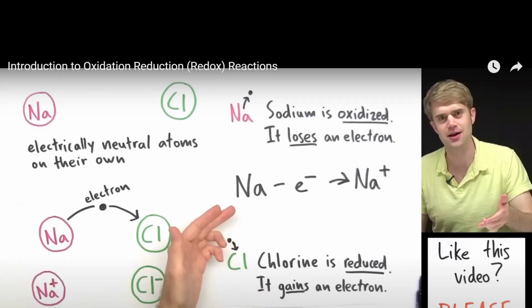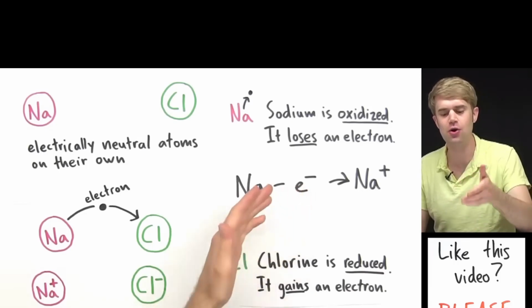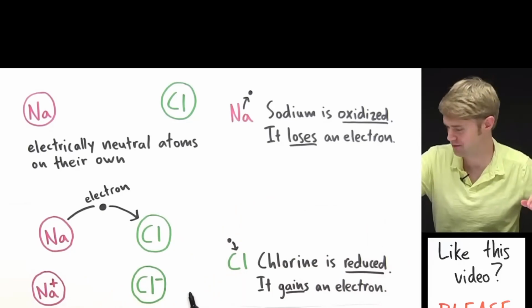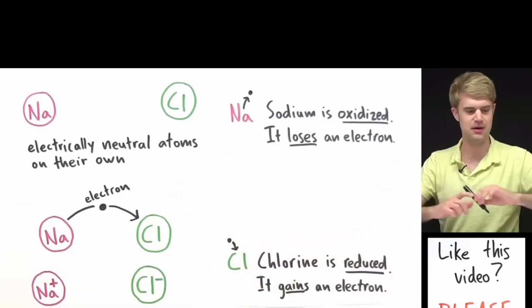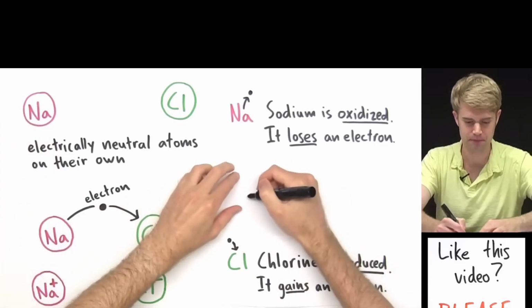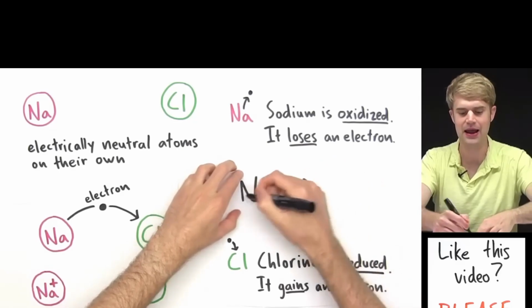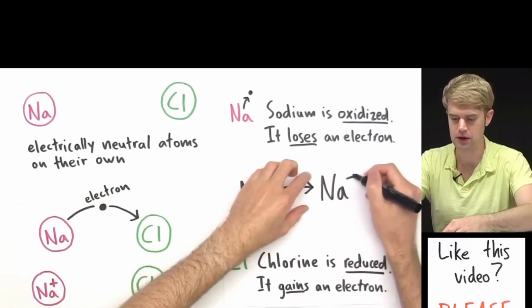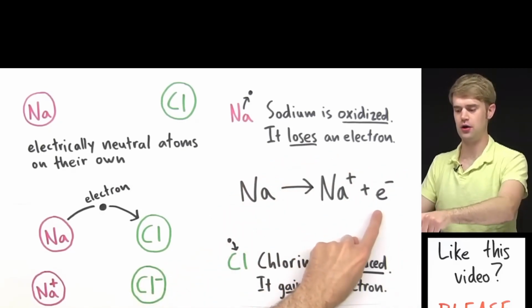Can't write this because in chemical equations, we can't use minus signs. We can only use plus signs. So I can't write the oxidation like this. Instead, I'm going to write it like this. I'm going to start out with Na here, and then I'm going to put my arrow. So Na turns into Na 1 plus plus 1 electron.